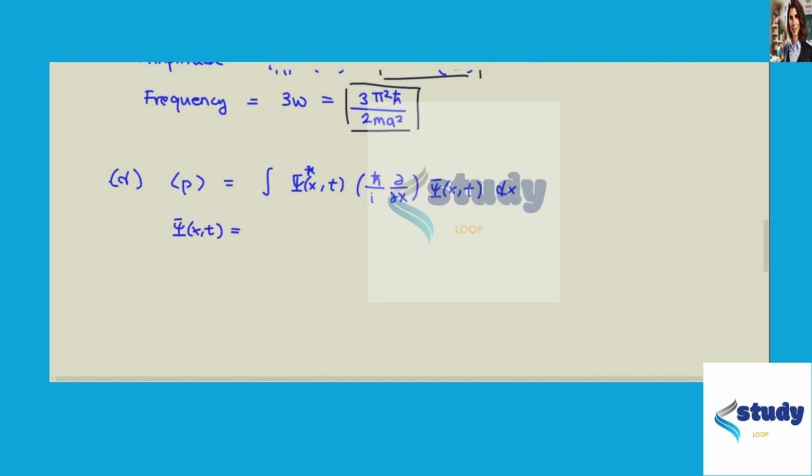So let's just write down what our psi x t is. Psi x t is 1 over root a times sine pi x over a e to the minus i omega t plus sine 2 pi x over a e to the minus i 4 omega t.